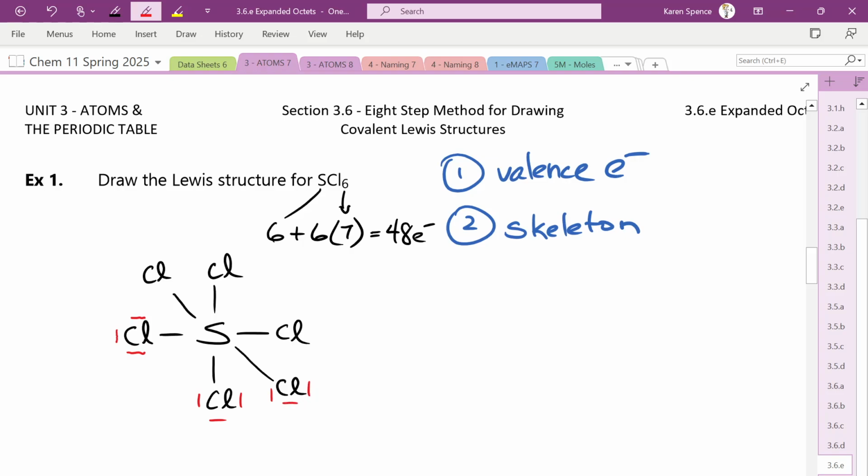But you should always make sure they're up and down, left to right. Because this is a lot of dots here, right? One of those little ones is equal to 2 dots.